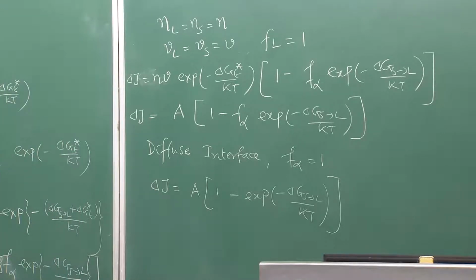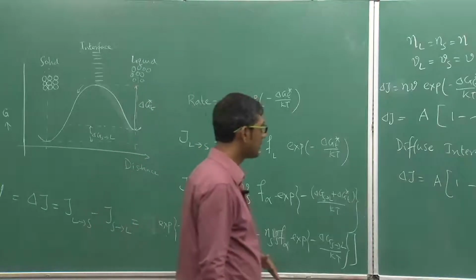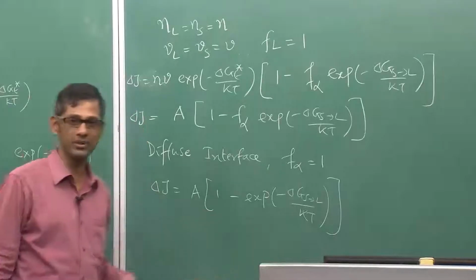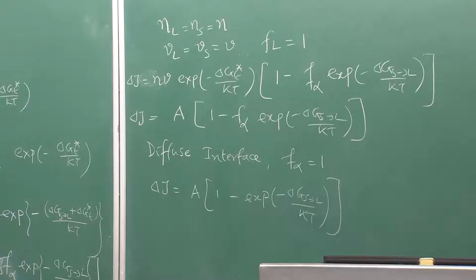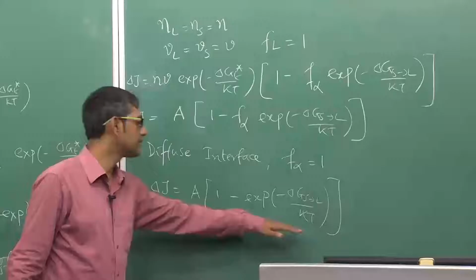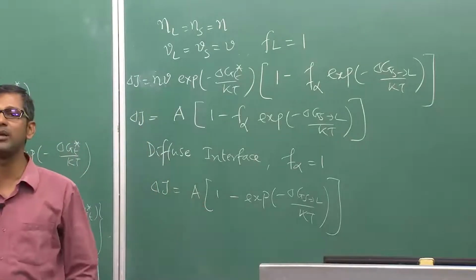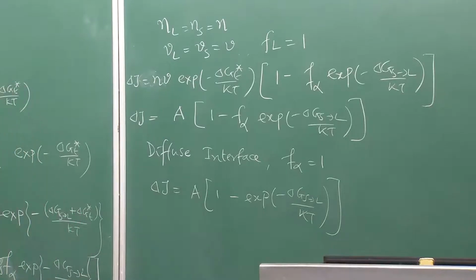As you increase the undercooling, you are decreasing the temperature. The main driving force for this growth, nucleation and growth, everything, comes from the undercooling that we discussed in the last lecture. Therefore, the more I increase the undercooling, the more the growth rate.